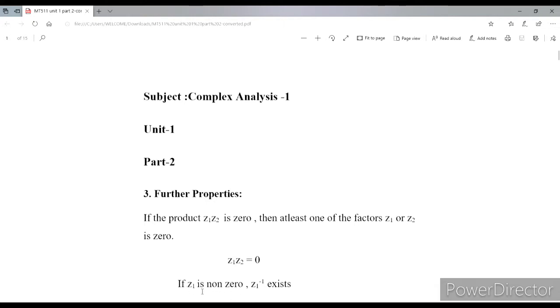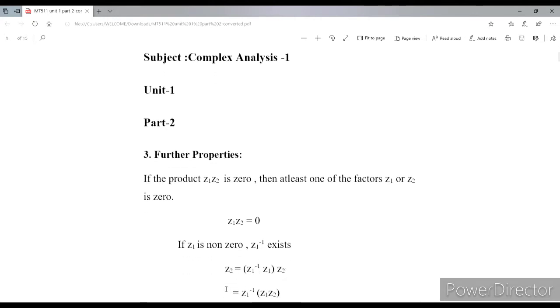Suppose Z1 is non-zero. If it is non-zero, then we can find the multiplicative inverse denoted by Z1 inverse that exists. Now we can write Z2 as Z2 equal to Z1 inverse into Z1, that is the product is 1 into Z2.